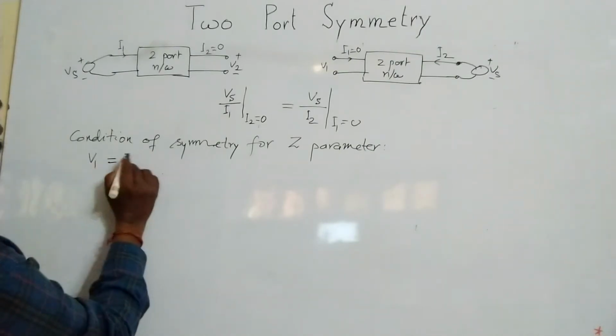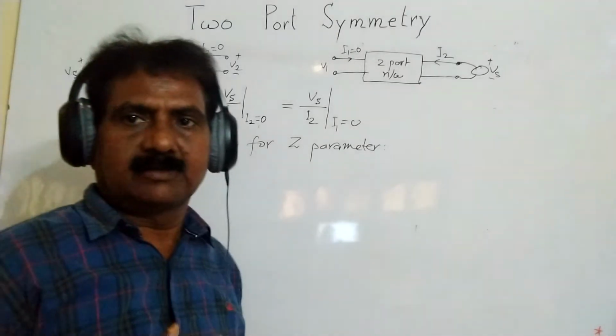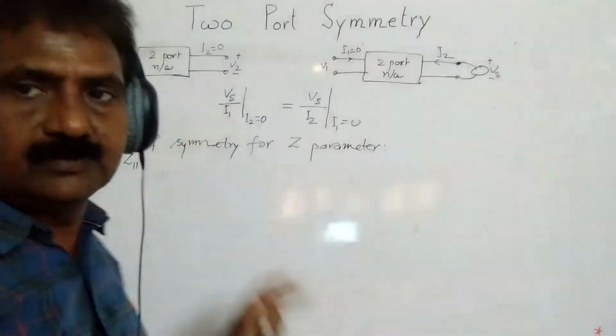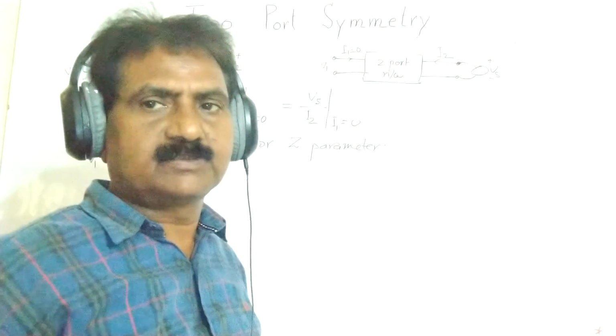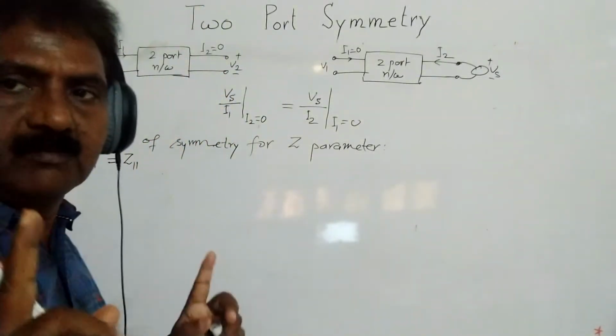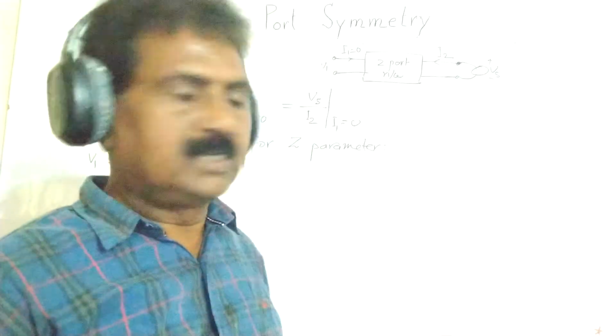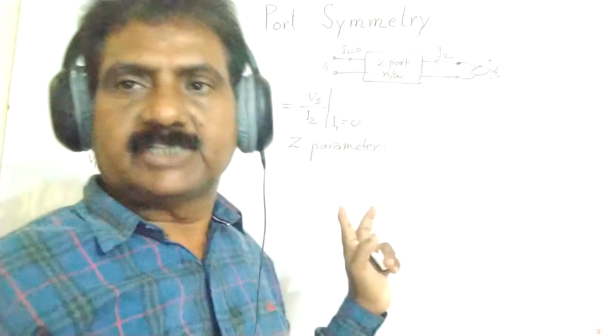This was the standard equation. If it is not clear to you, just see my previous videos related with Z parameter. In that lecture I have cleared everything about Z parameter.